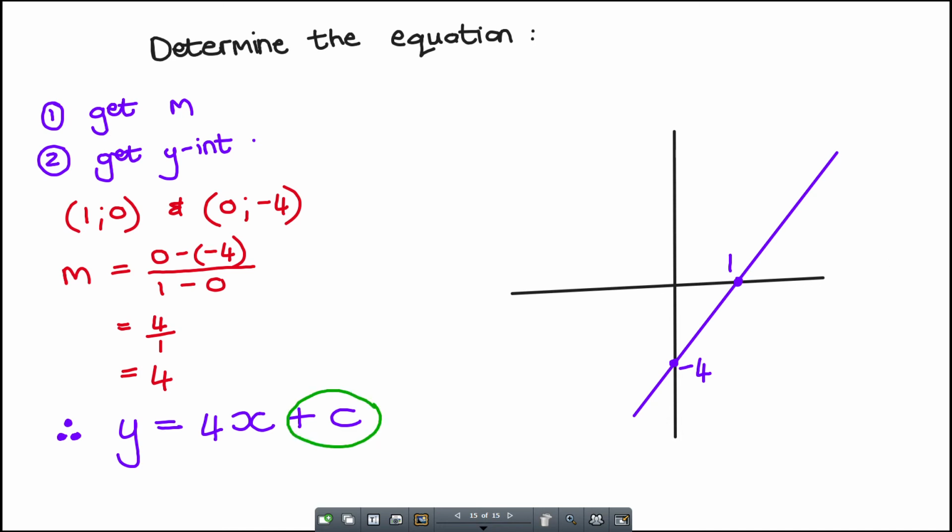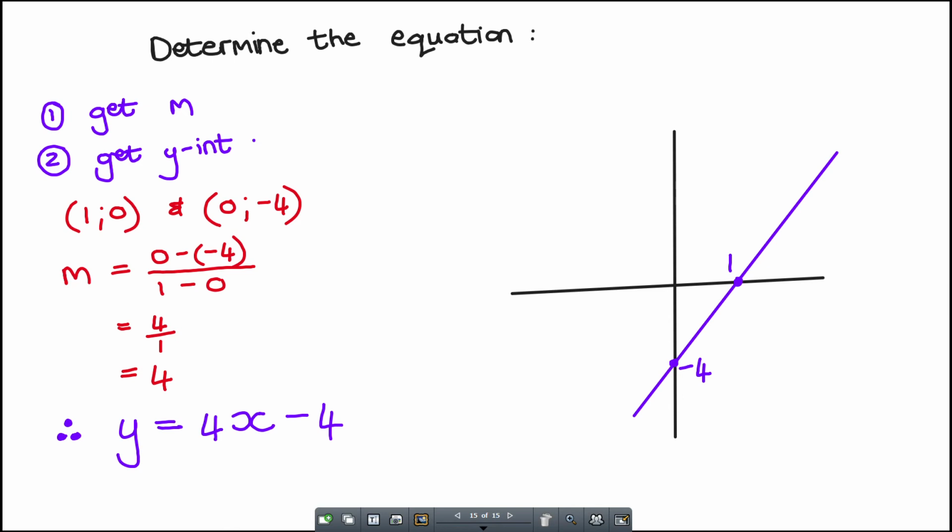That's my y-intercept. En waar sny hy hier deur die y-as? Deur minus 4. So jy kan direk net sê dit gaan wees minus 4. Lekker straightforward. Is julle alright?